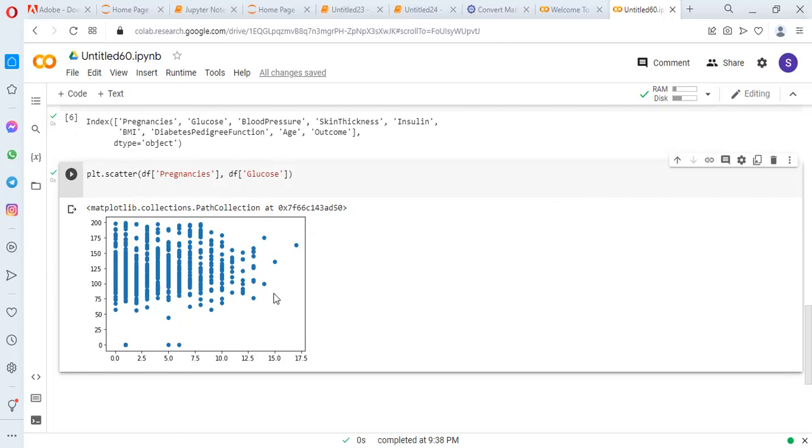Using this matplotlib function, this is data visualization using the two predictor variables, right? So this is the data set.